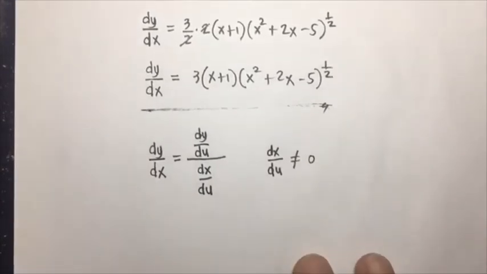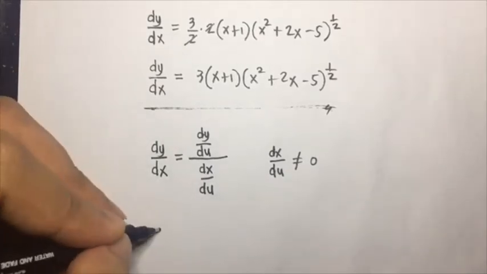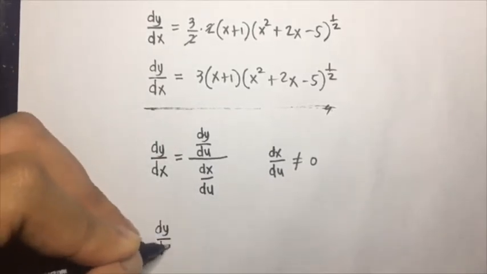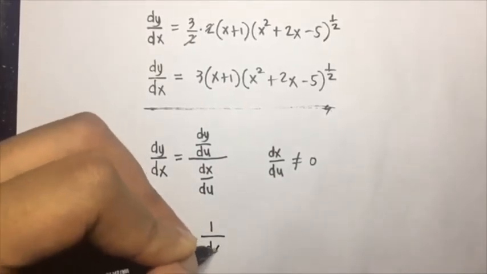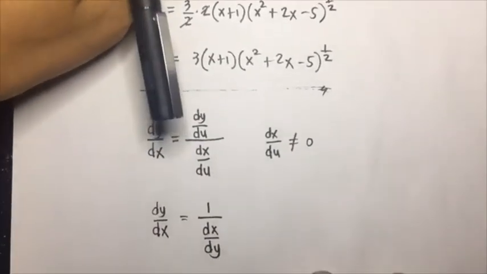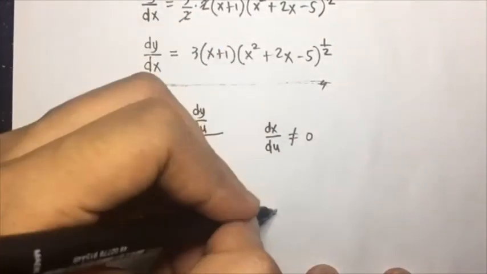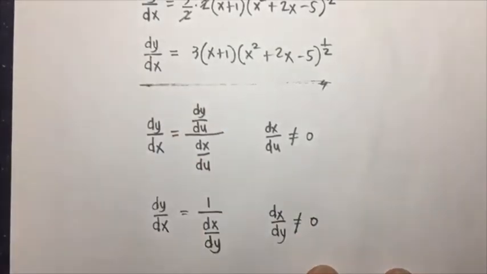And another one: dy over dx is also equal to 1 over dx over dy, as long again as our denominator dx over dy is not equal to 0.